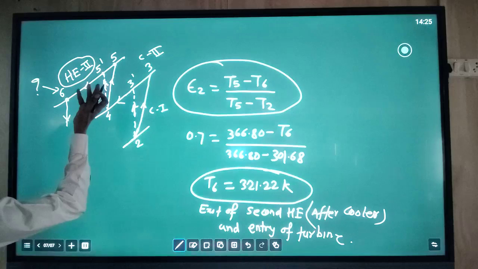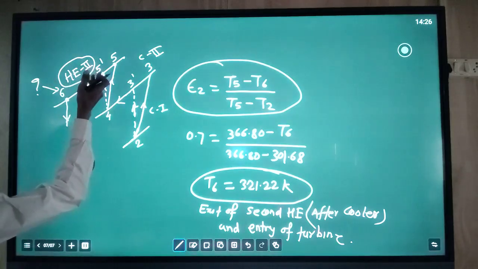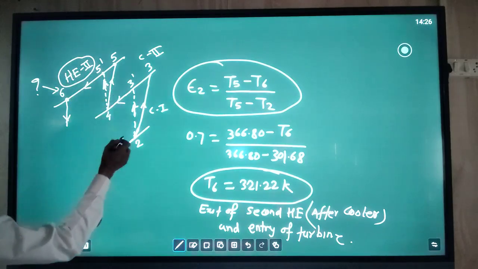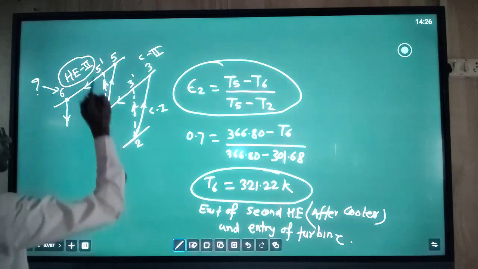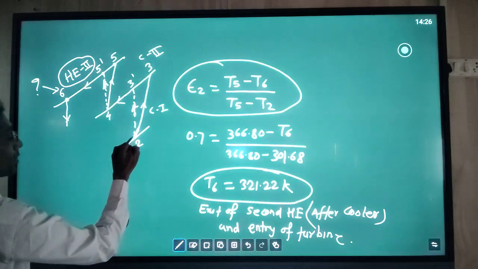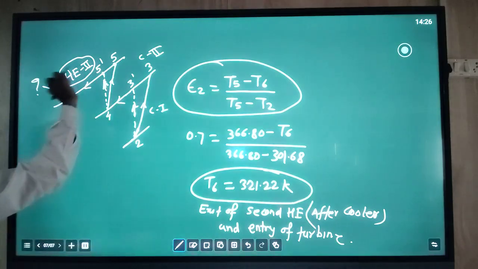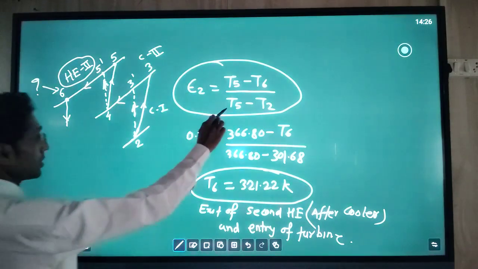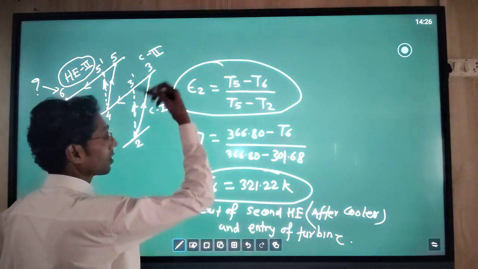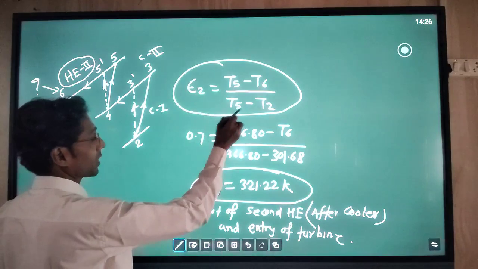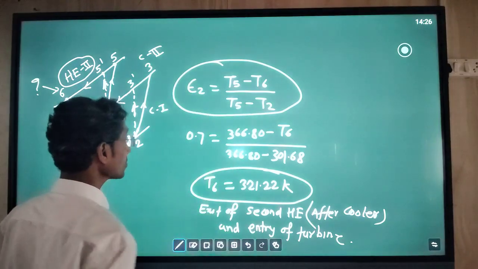This heat is obtained, or gained by the system, from what? Because of compressions. This is compression number 1 and this is compression number 2. So from point 2 to point 5, the temperature is increased. This temperature difference of air, the addition of heat, is T5 minus T2. That is why we take this in the denominator.